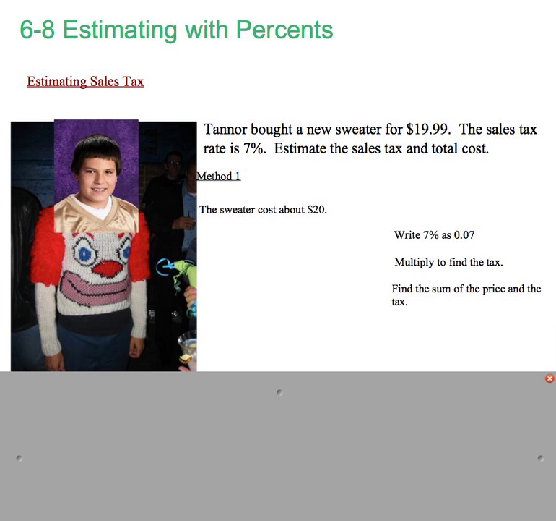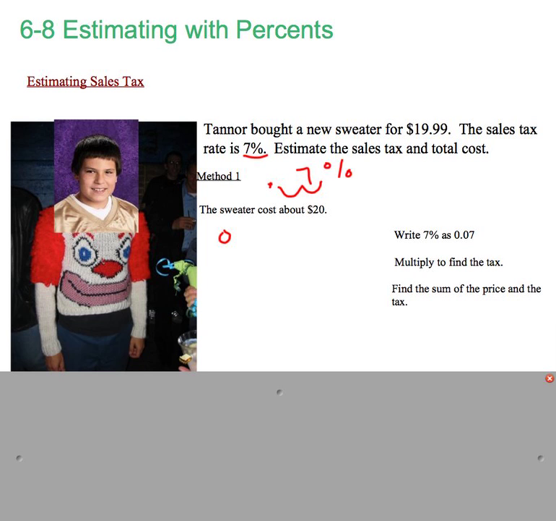So I'm just going to highlight a couple of things. Tax rate is 7%. So to do this, we multiply the tax rate, but in order to do that, we have to write it as a decimal. To write the percent as a decimal, we move our decimal 2 places to the left.